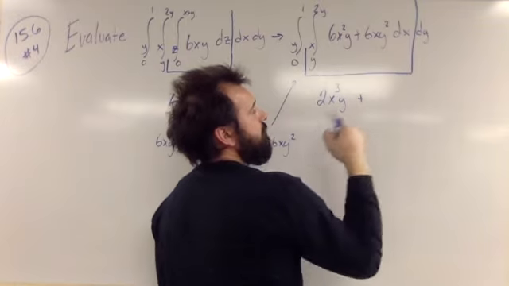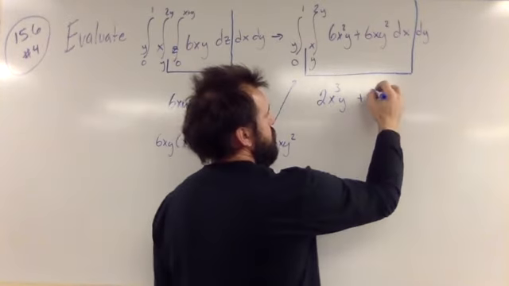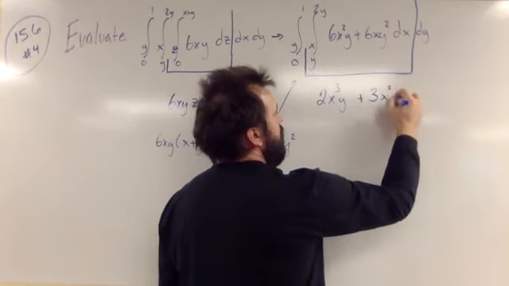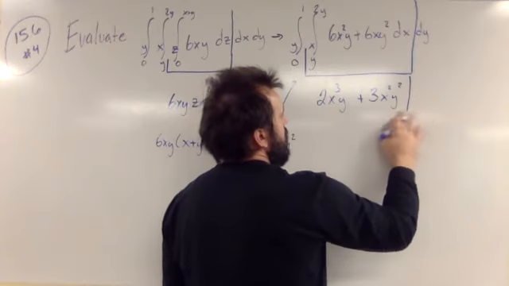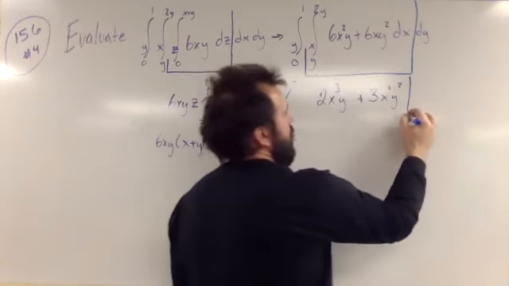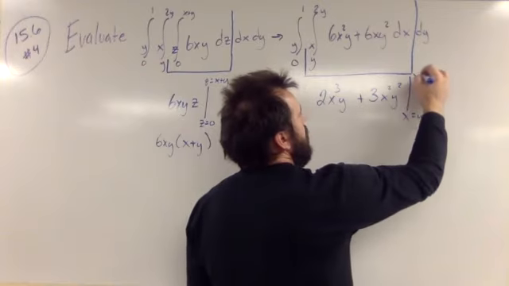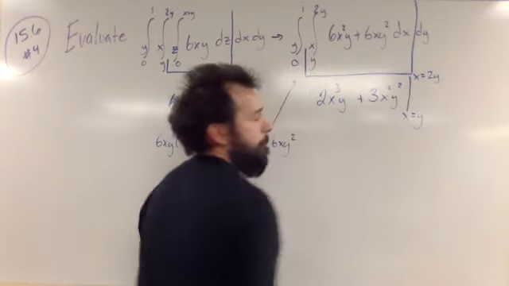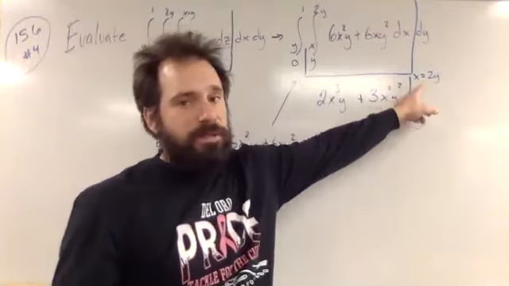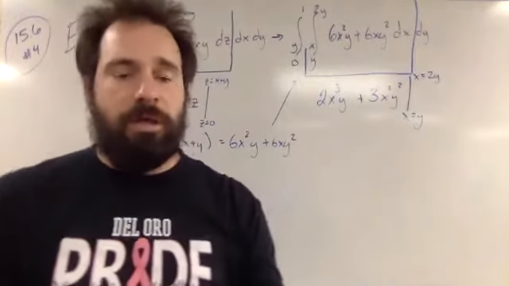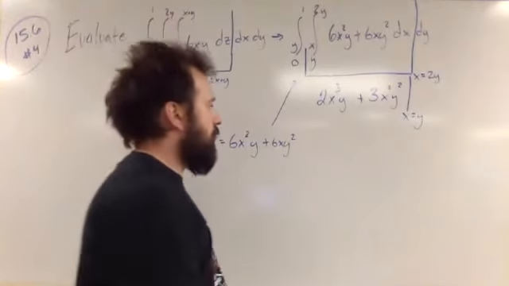So that antiderivative is going to be 1/2 x squared. So it'll give me a 3x squared y squared. I'm going to evaluate this from x equals y to x equals 2y. Again, I'm going to label and make sure I'm very particular about what values I'm plugging in for which variables.